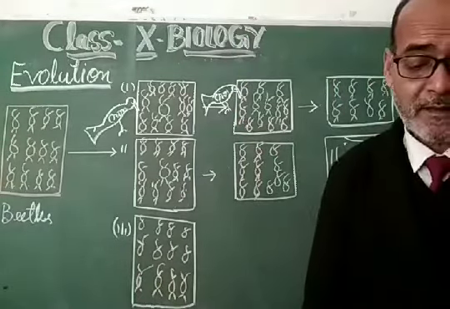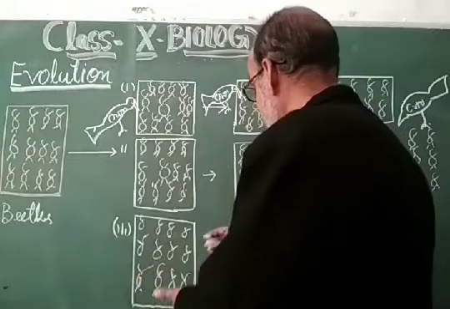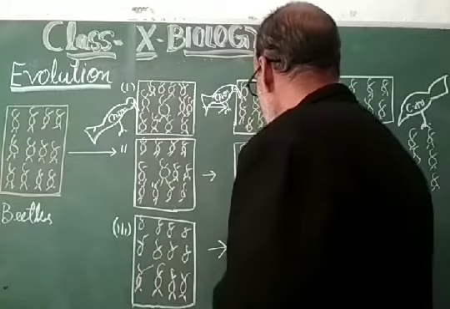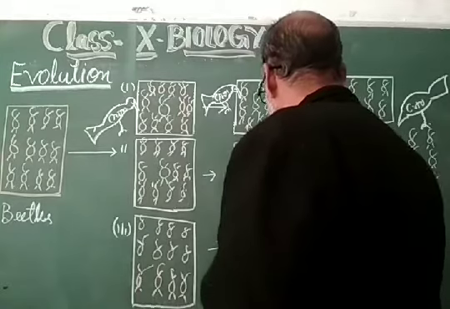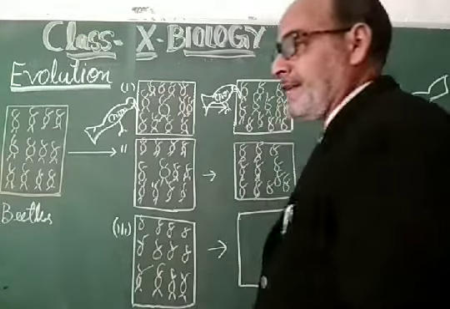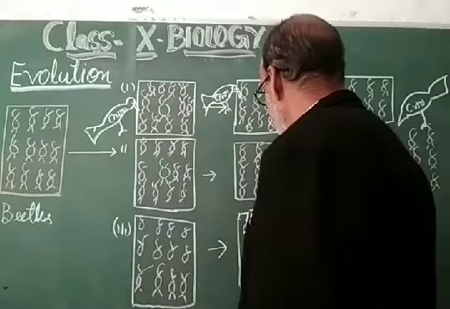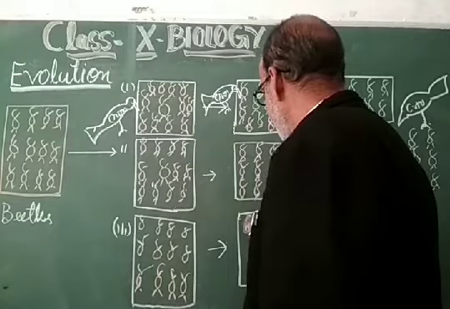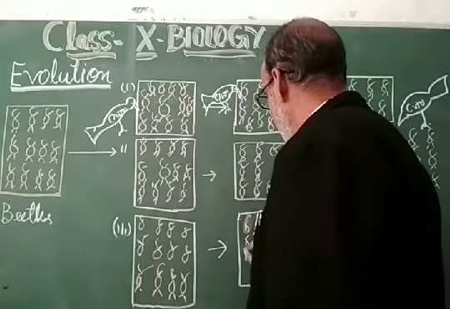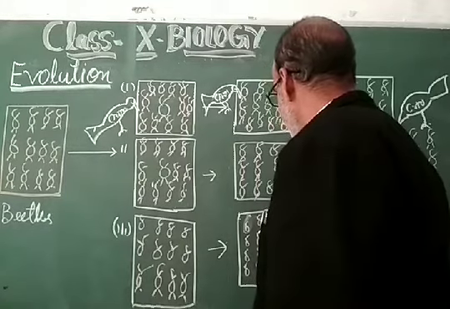Now come to the third case. In the third case there is a production of red beetles, but due to poor nourishment, their size gets reduced.